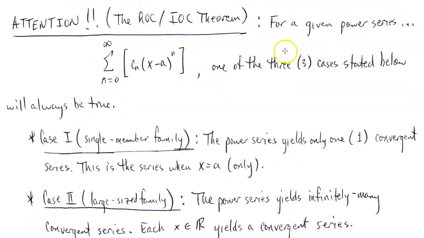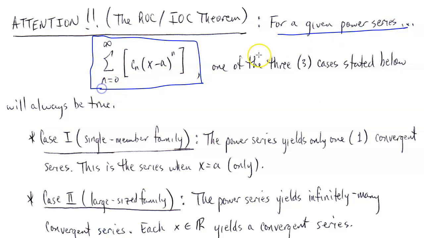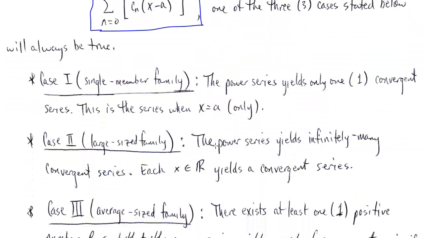For a given power series that looks like what we've seen before, one of the three cases that I'm going to state below will always be true for a power series. Case number one, I call the single member family.